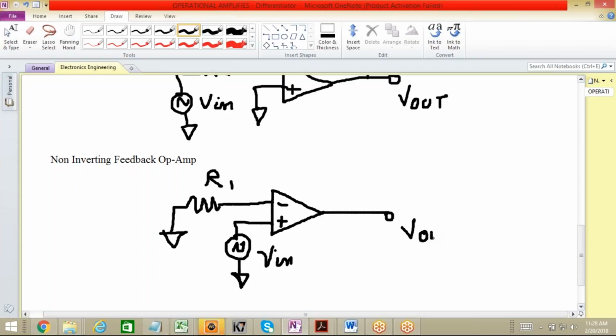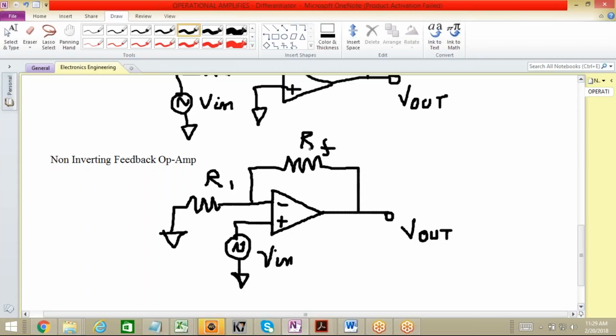Again, since we are working on a feedback kind of mechanism, it is very obvious. Again, we have to connect a part of output back to the input, and this must be connected by feedback resistor. Fine.